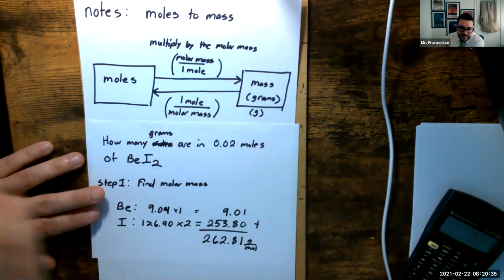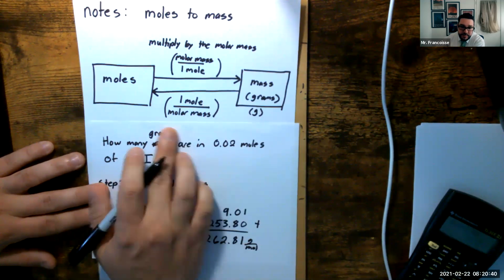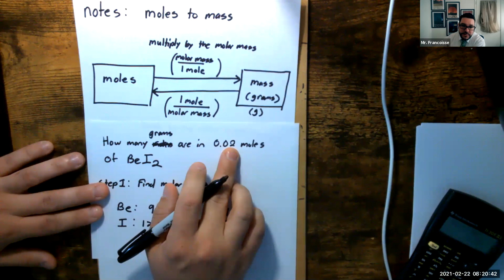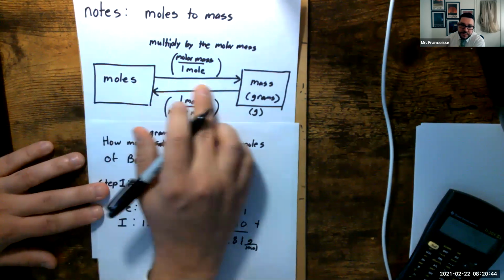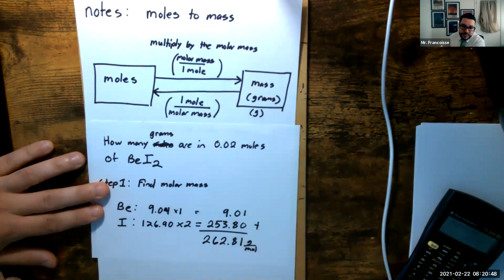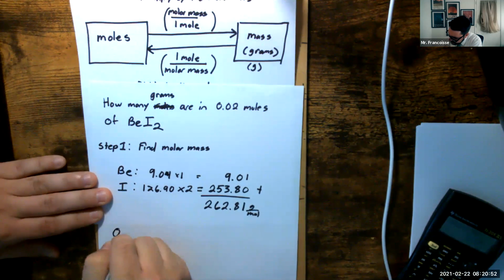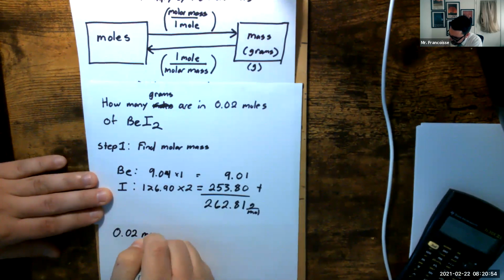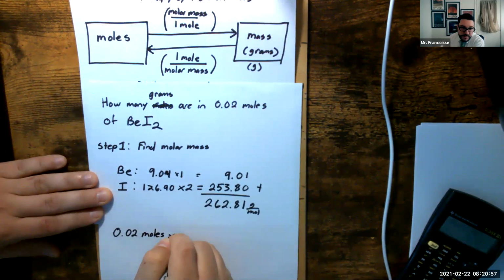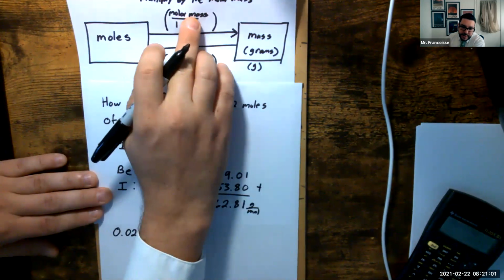So if we look at our process, we're given moles and we're asked to go to grams. They ask how many grams, we know moles. So we're at moles, we're going to go to grams. We're going to use this up here. So let's fill it in. We're given 0.02 moles times, and we're going to pick the one where moles are on the bottom so it cancels out.